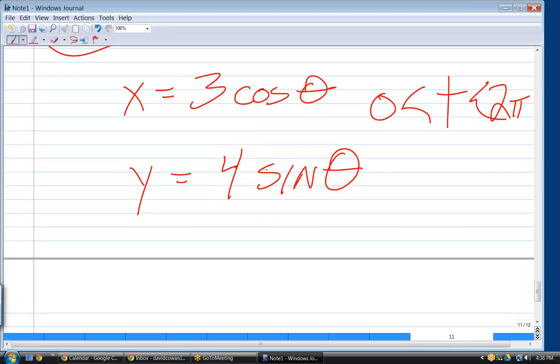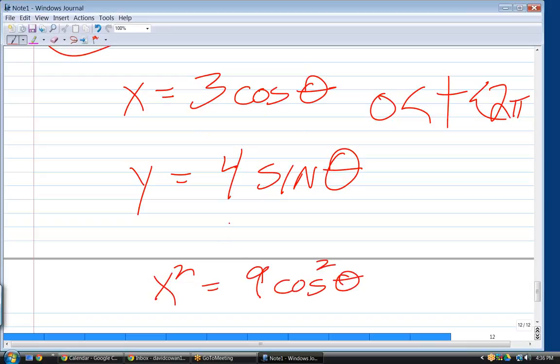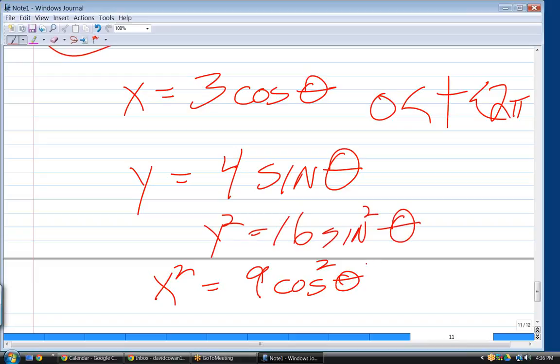But what do I have to do before that's going to happen? If I were to just square both sides now, I get this. X squared equals 9 cosine squared theta, and y squared equals 16 sine squared of theta. Now I can't eliminate anything.